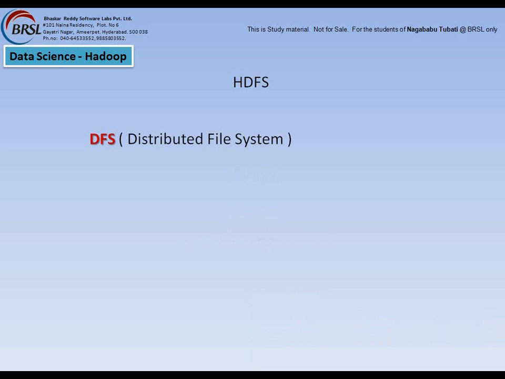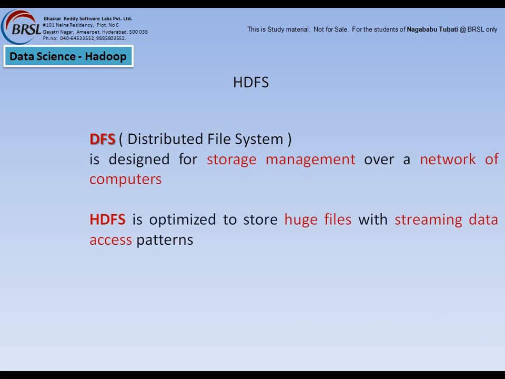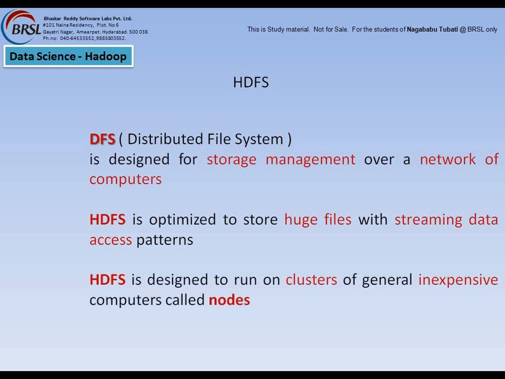DFS, Distributed File System. Hadoop Distributed File System is designed for storage management over a network of computers. HDFS is optimized to store huge files with the streaming data access patterns. HDFS is designed to run on cluster of general inexpensive computers called nodes.